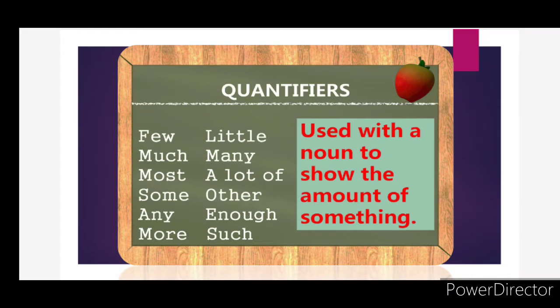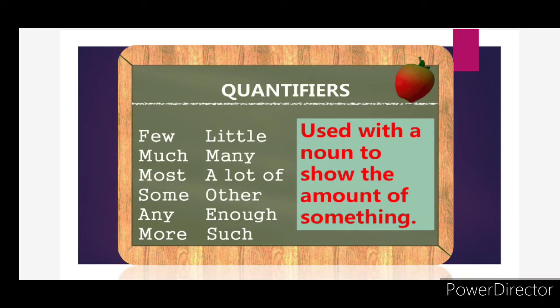Let's have a look at quantifiers now. Used with a noun to show the amount of something. For example, few, much, most, some, any, more, little, many, a lot of, other, enough, such.